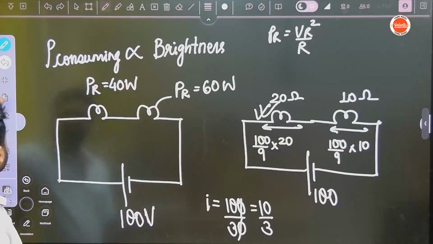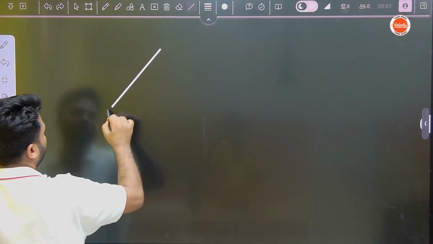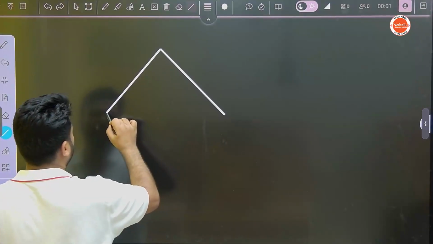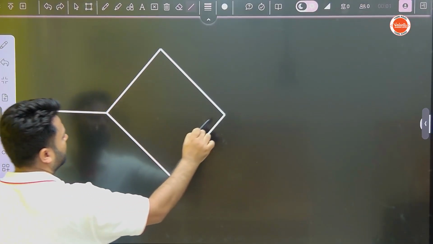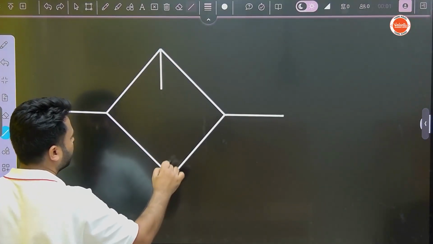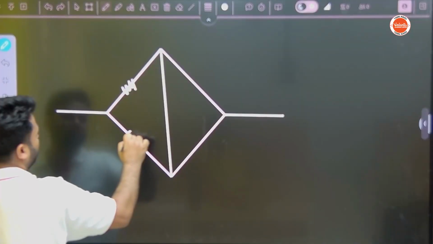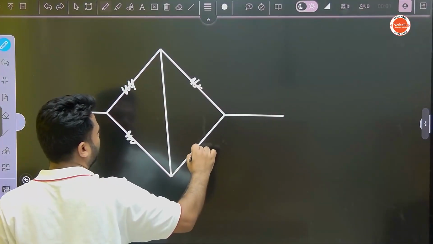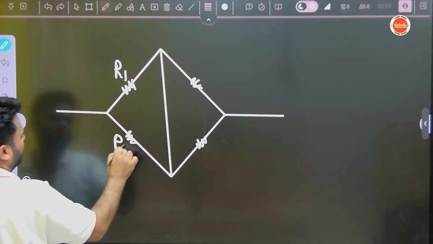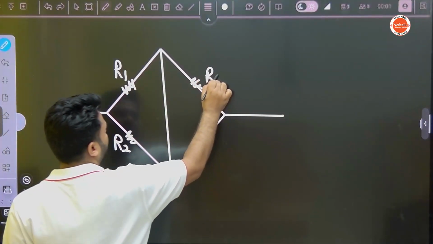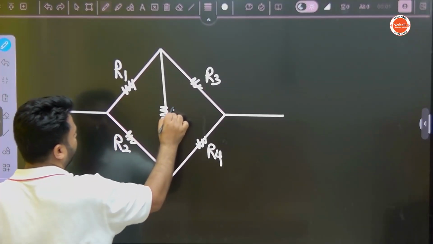One thing I left out. I think you must already know it, but that is very important, that's why I'm telling you. What is this? Wheatstone bridge. If this is R1, this is R2, this is R3, this is R4, and this is R5.